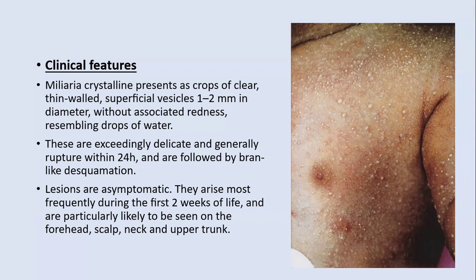They are exceedingly delicate, generally rupture within 24 hours, followed by bran-like desquamation. Lesions are asymptomatic, arise most frequently during the first 2 weeks of life, and are particularly likely to be seen on the forehead, scalp, neck, and upper trunk.